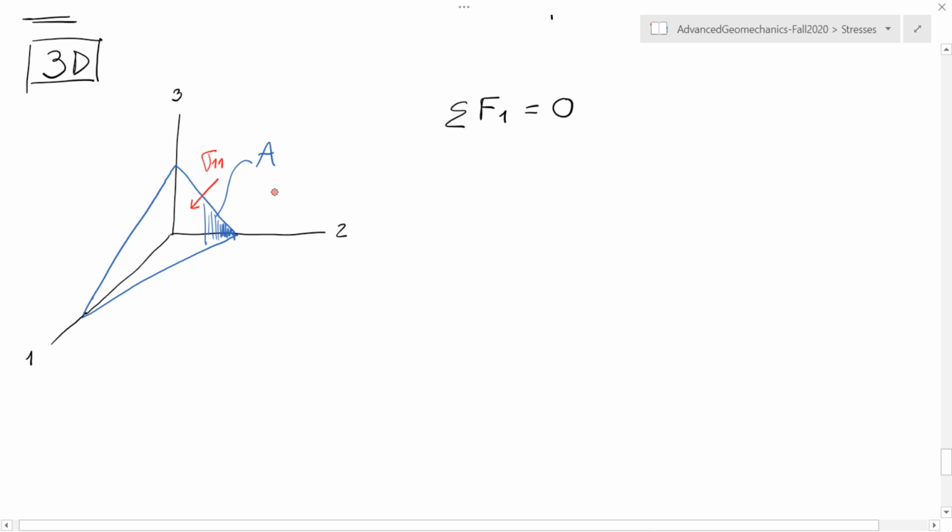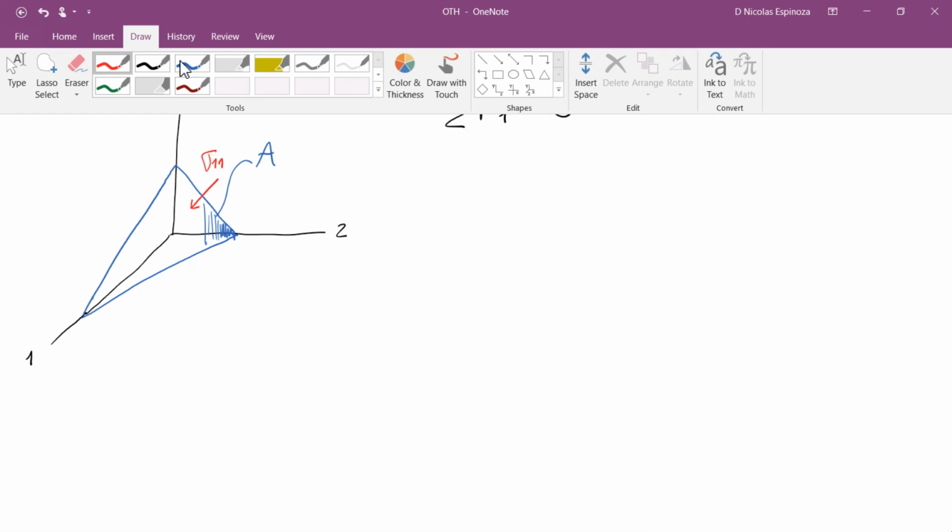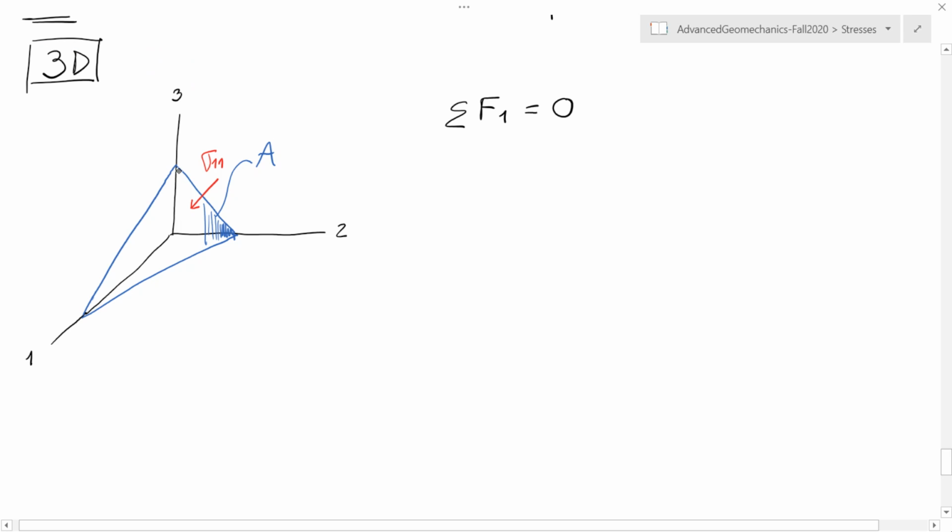That stress, sigma 1,1, is going to apply on this area over here.